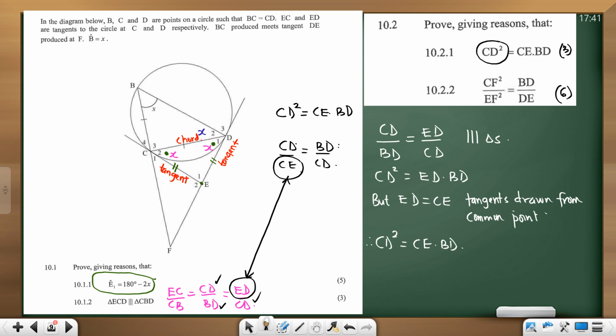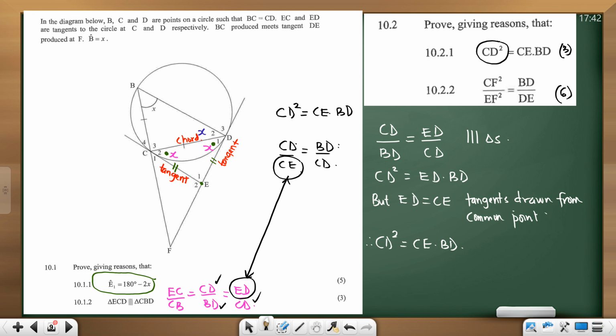Are we good? Did it make sense to you? Questions? Let me see. Mohammed, looks like you want to ask something. So then, before we start the question, it says BC is equal to CD.